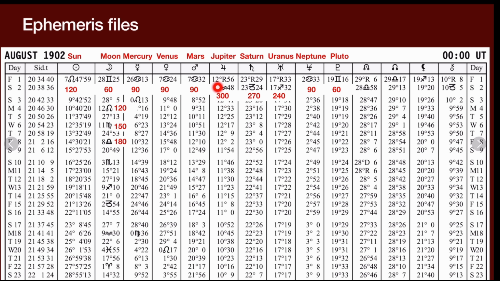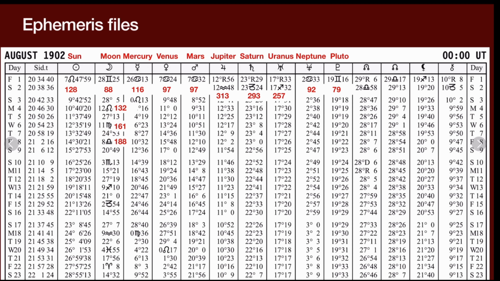So you need to add 12 degrees 56, or let's call it 13 degrees, to 300. Now these are the actual degrees that the planets are on the first day of August 1902.